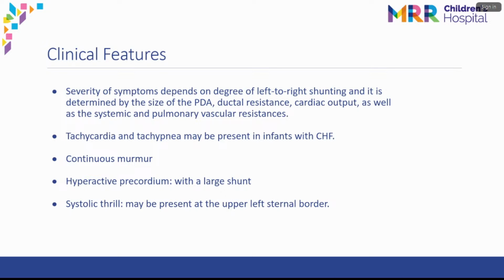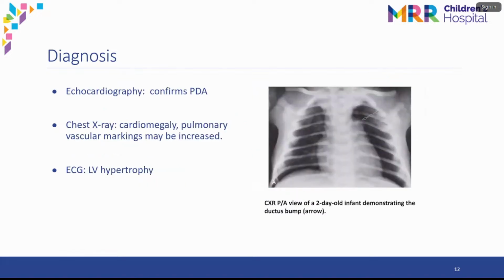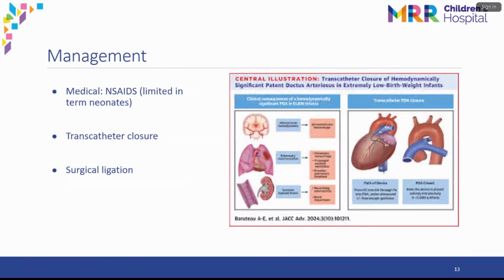Tachypnea and tachycardia may be present in infants with CHF, continuous murmur, hyperactive precordium, systolic thrill, bounding pulses, wide pulse pressure, heart failure signs, and differential cyanosis. Diagnosis can be confirmed by echo. Chest X-ray may show cardiomegaly and increased pulmonary vascular markings. ECG may show left ventricular hypertrophy.